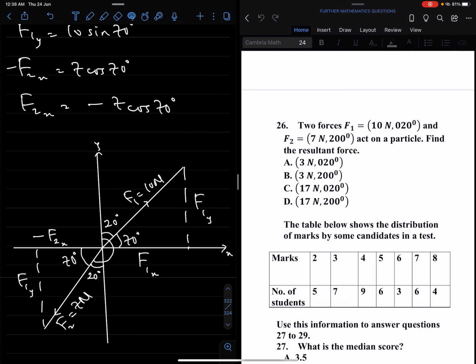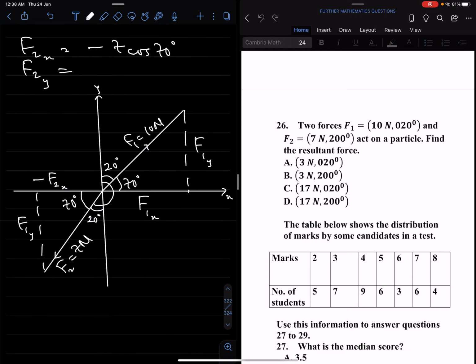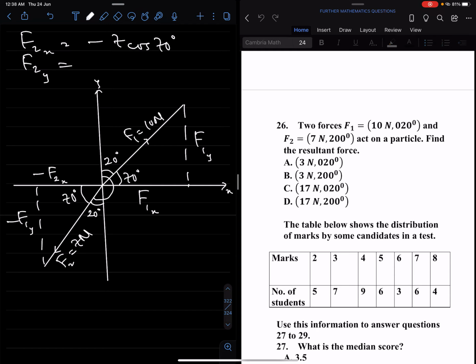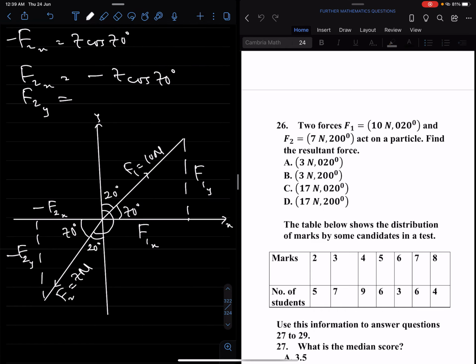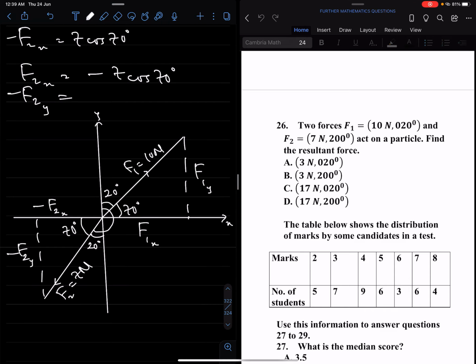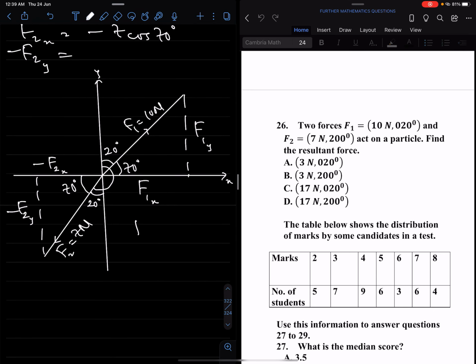is the same as F2y, which is minus F2y over 7. That's sine 70 degrees. I know that sine 70 degrees here is the same as minus F2y over 7.